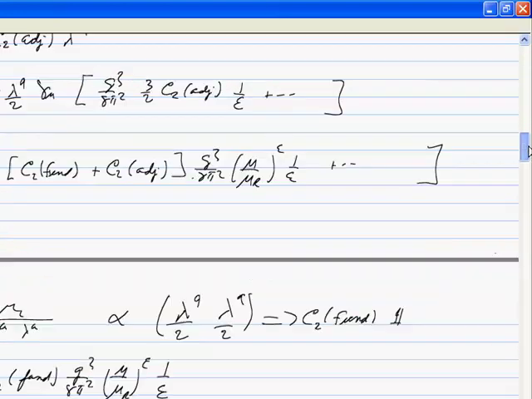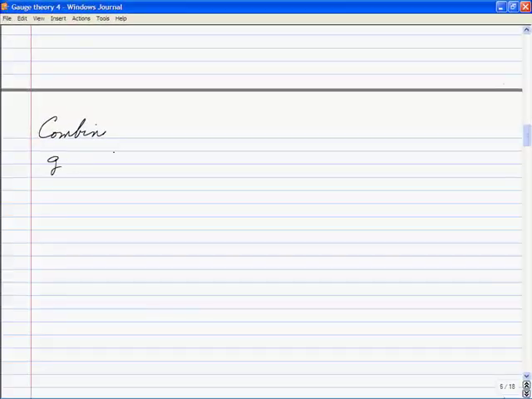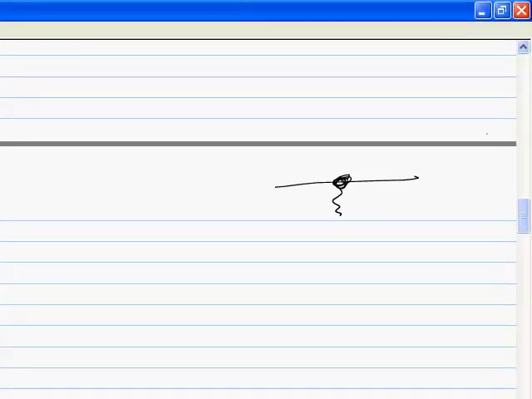Okay, so let's combine everything. Remember, we're doing renormalization using this diagram. This goes like g squared, so g is the square root of that.